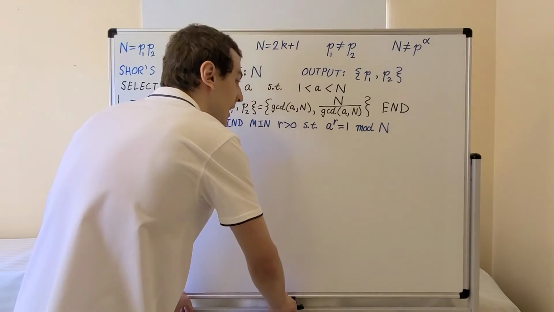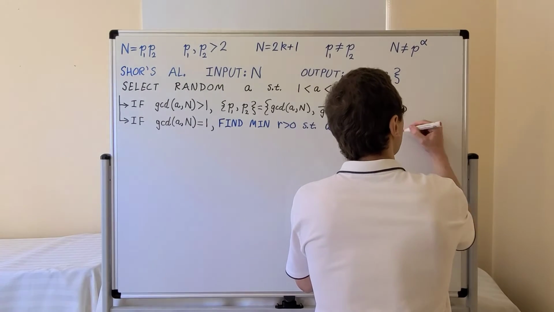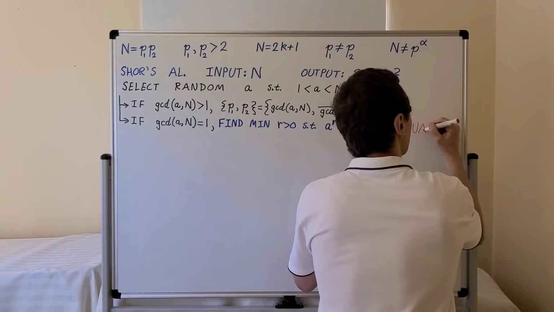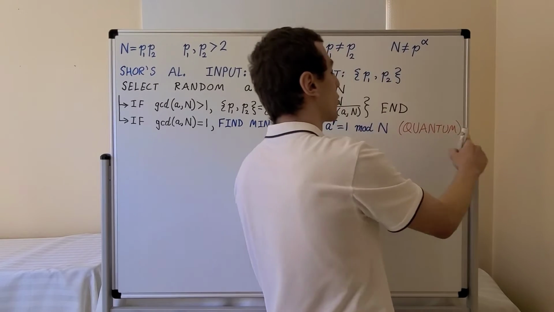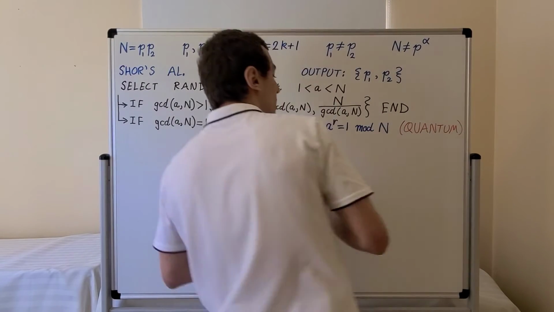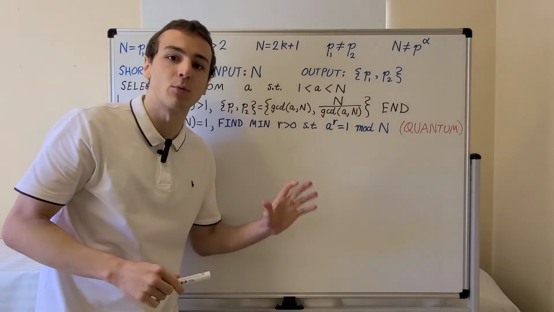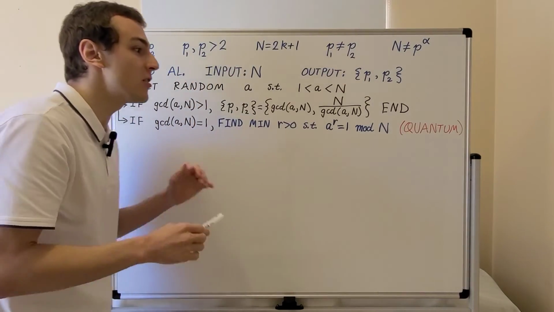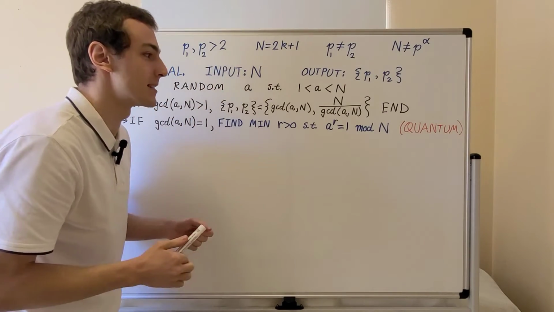This is the part that is done on a quantum computer. So I'll put in brackets over here: this is the quantum part of Shor's factoring algorithm. And in order to actually do this, we have to execute the order finding subroutine. And that is the topic of another video in this cryptography and quantum algorithms playlist.